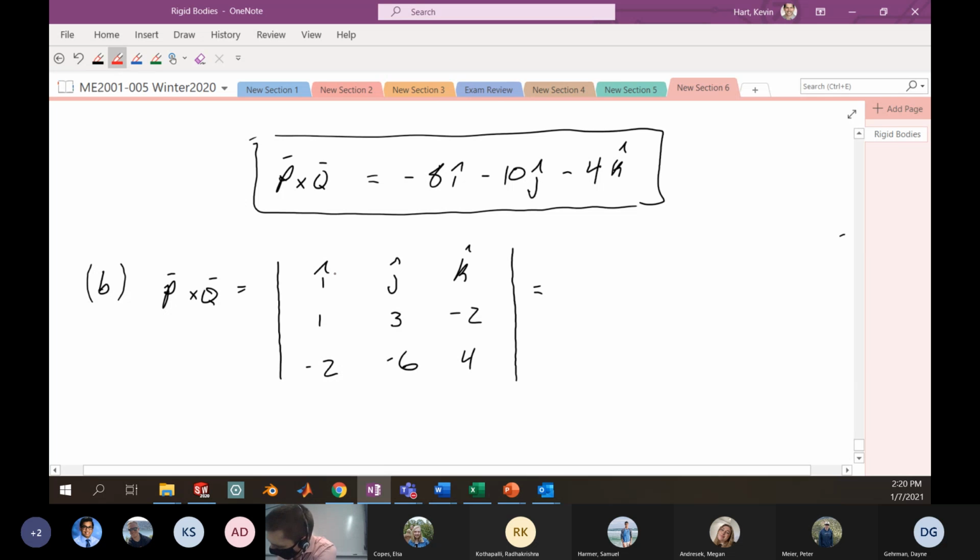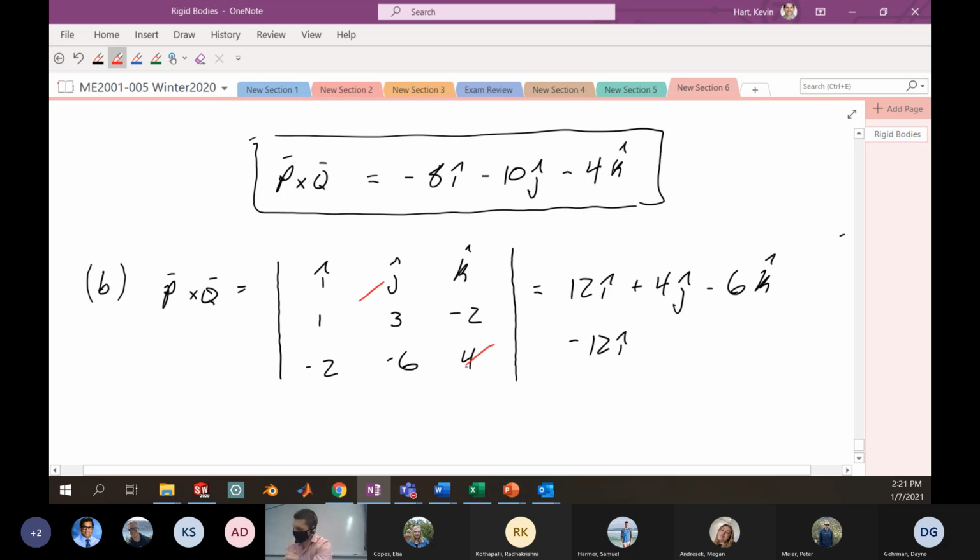So we can go through this again. I'll go a little bit quicker this time and do the multiplication in my head. Here I have 12i. Here I will have positive 4j. Here I will have minus 6k. And now going down to the left, I have negative contributions. So negative 2 times negative 6 is positive 12, but since I'm doing the down and to the left portion of the cross product, this will be minus 12 i hat.